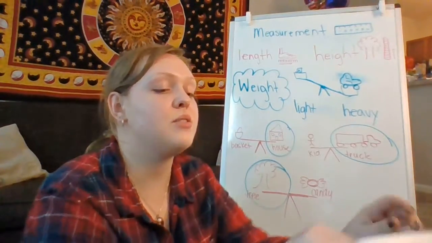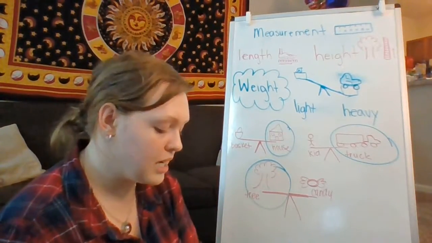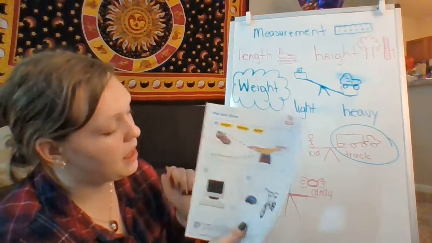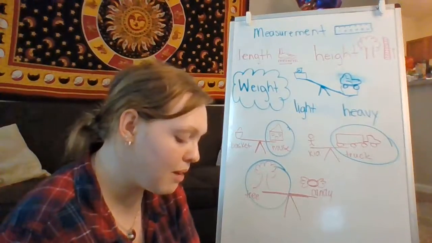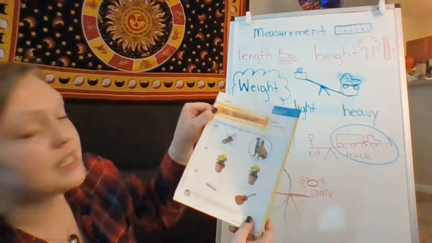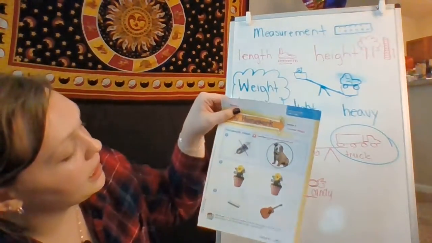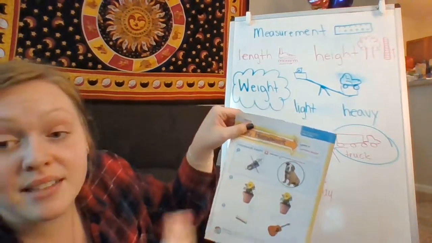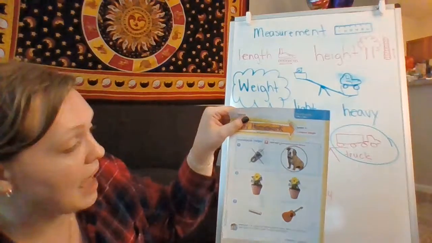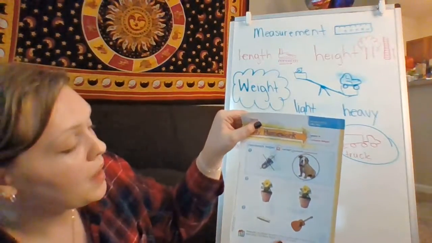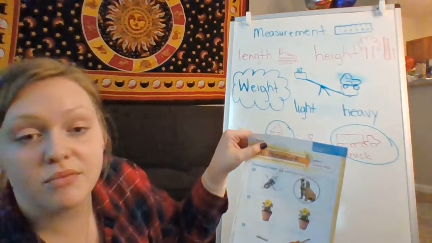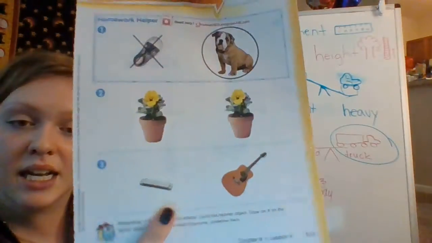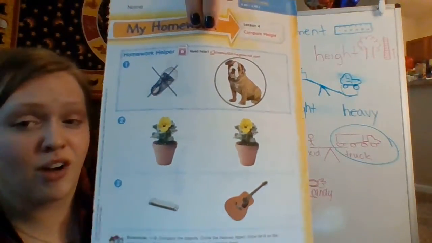In your packets, you guys should have a worksheet on comparing weights of items. It may not be that one. It's probably more this guy here, where you're looking at it and choosing which item is heavier and drawing an X on the item that's not as heavy or that's lighter. For the first one, it looks pretty much the same. But for the second one, we have a harmonica and a guitar.